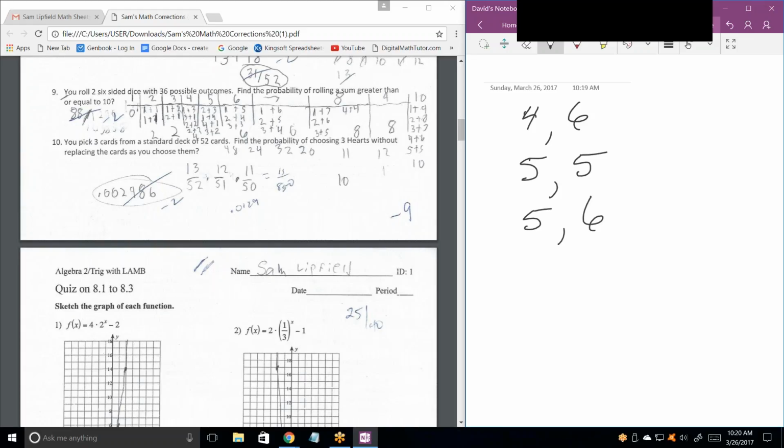And the final possibility is 6 and 6. Those are the only combination. Oh, no. There's also 6 on the first die and 4 on the second die. And there's also 6 on the first die and 5 on the second die. Now, each of those is unique.